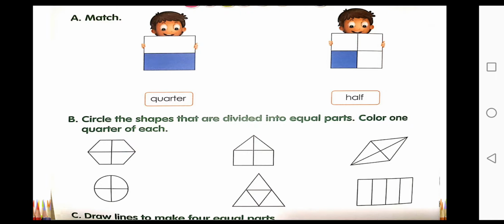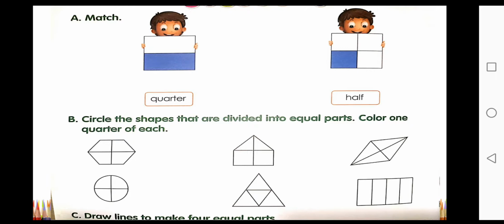So the first boy is holding a shape that is divided into 2 parts, and one of the parts is colored. So, is it 1/4 or 1/2? Remember, it's divided into 2 equal parts. Good, it's 1/2.